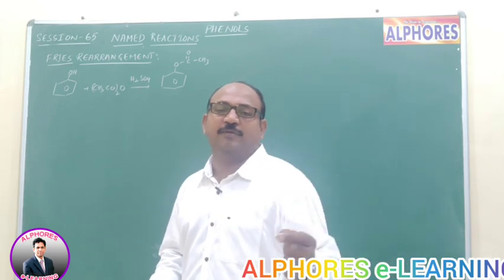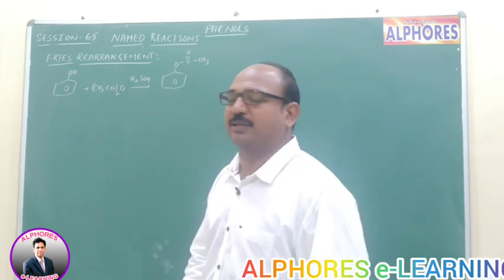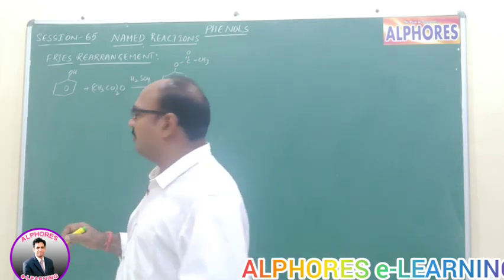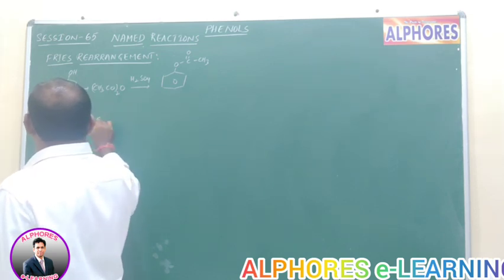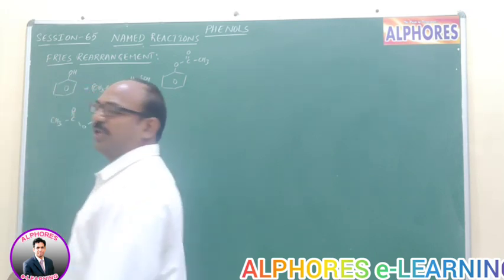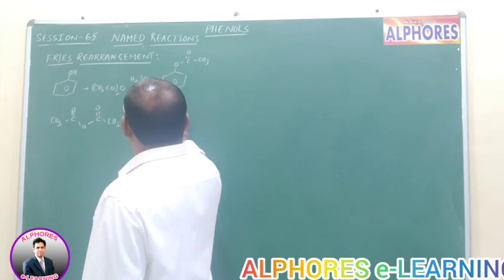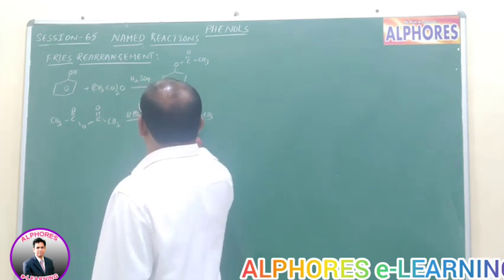Now let us see. If you observe with common sense, why O-acylation? What exactly happened in this reaction? See the mechanism here. CH3 C double bond O, O, C double bond O, CH3, upon acidification gives CH3 C double bond O, O, C double bond O, CH3 with H plus.